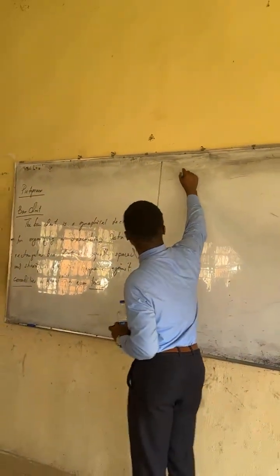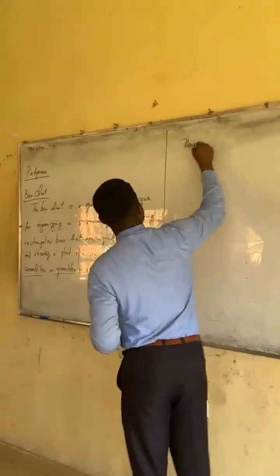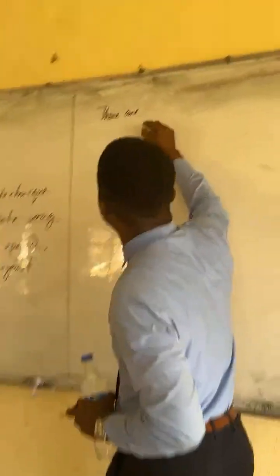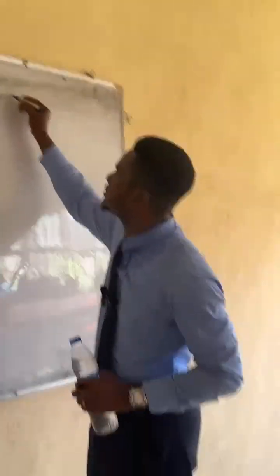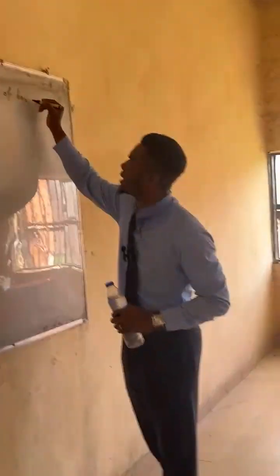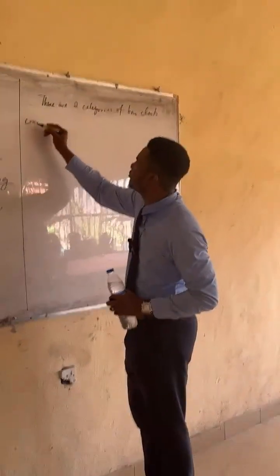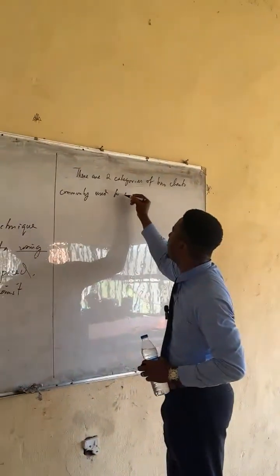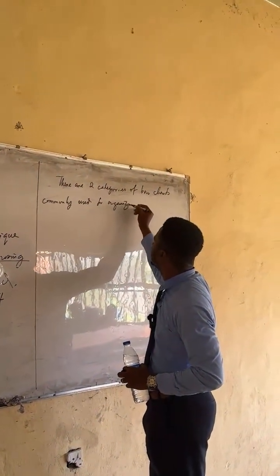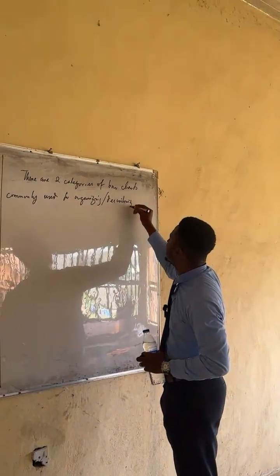Now, let's come over to the second story. Paragraph number 2. Each point goes into a paragraph. There are two categories of bar charts commonly used for organizing or describing data.